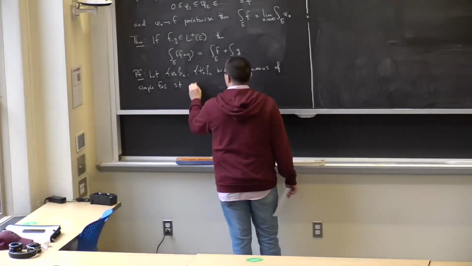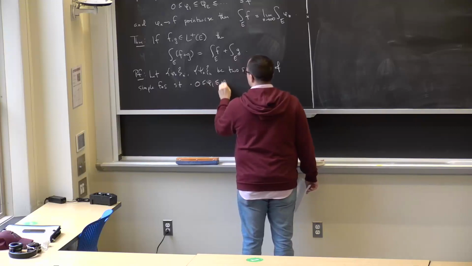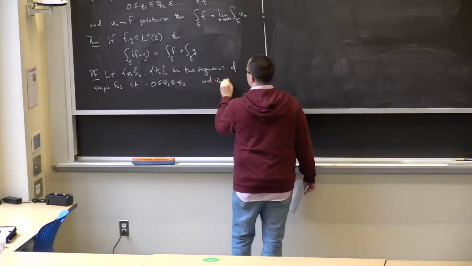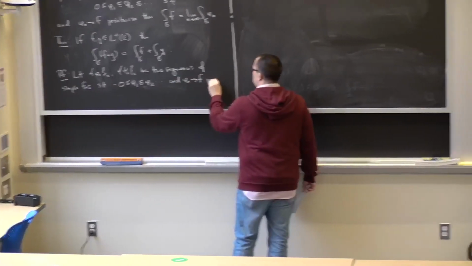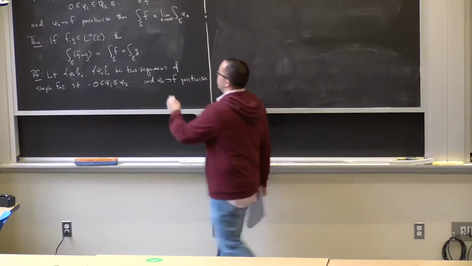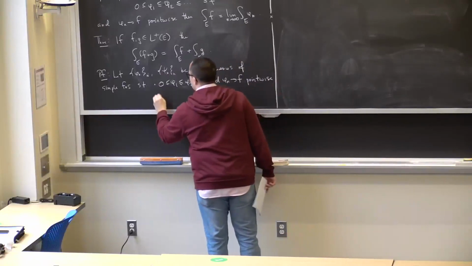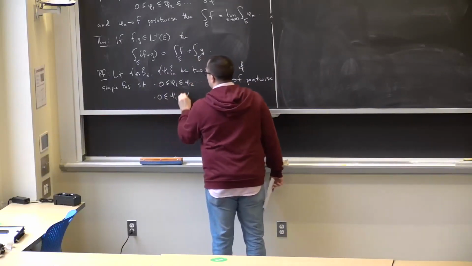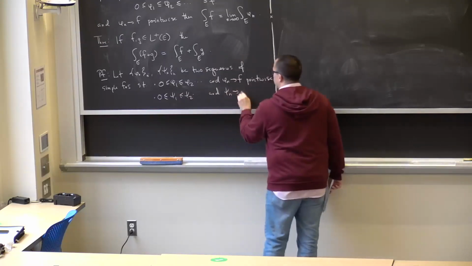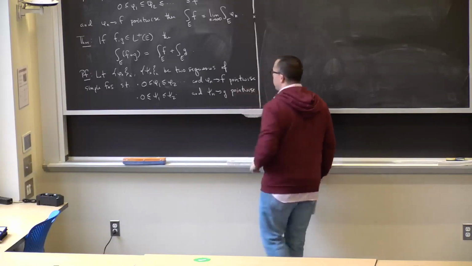So 0 is less than or equal to phi 1 is less than or equal to phi 2, and so on. And phi n converges to f pointwise on E. Okay, so everything's happening on this set E. And the same for the psi n, and psi n converging to g pointwise.